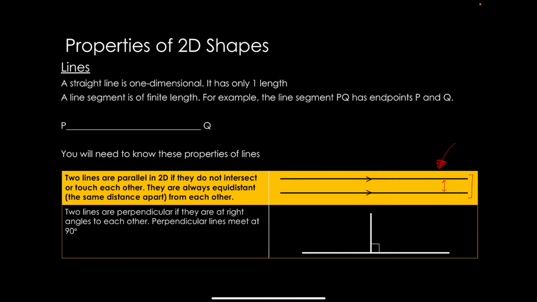Now these two lines here, meaning this line and this line, are perpendicular. So these ones are parallel, these ones are perpendicular, which means they're at a right angle to each other, just like a wall could be at a right angle to a floor. That's just the terminology that you're going to need to know.